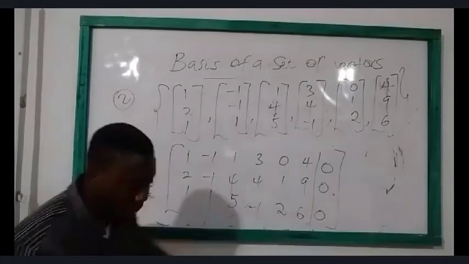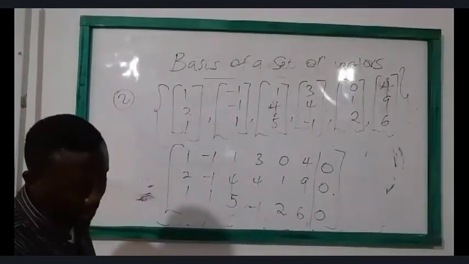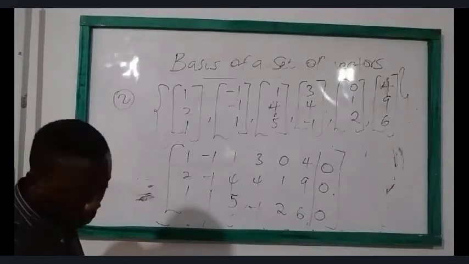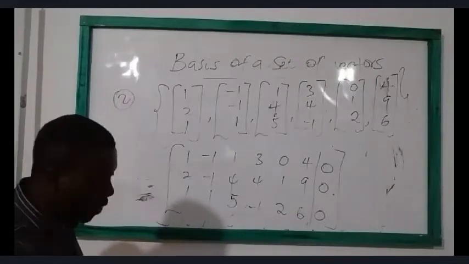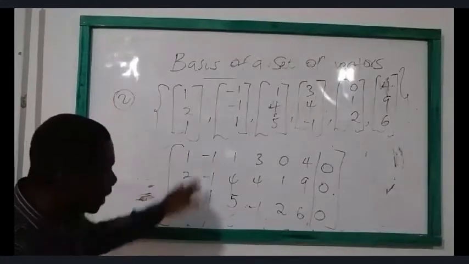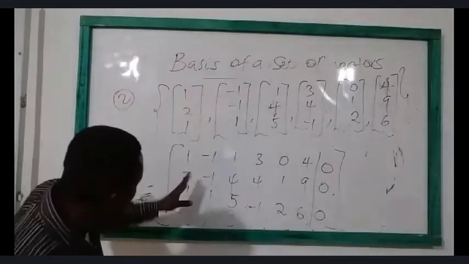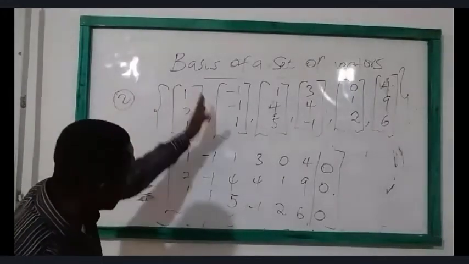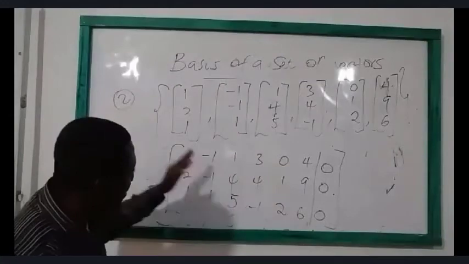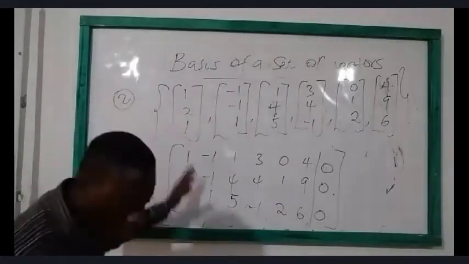Now this is the augmented form, so you are going to reduce it to the RREF, the reduced row echelon form. If you reduce to that level, those that give you the leading ones, you can trace them to the original vectors. You can see that the vectors are in order, so your augmented matrix must also be formed in that order.